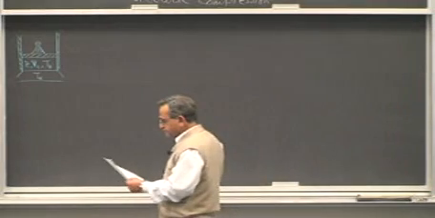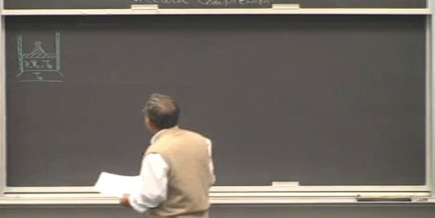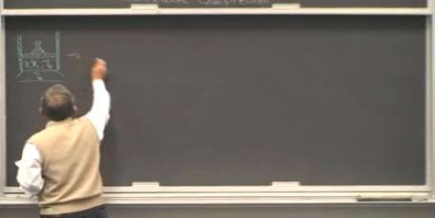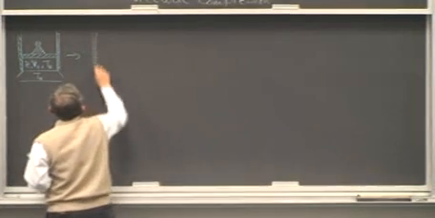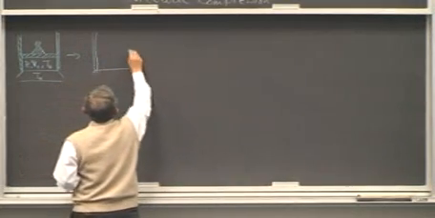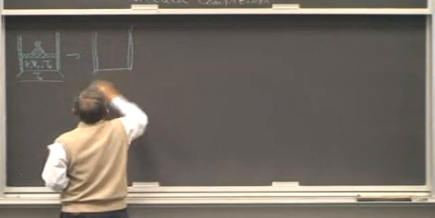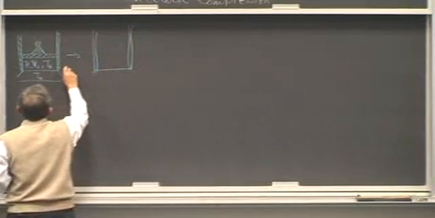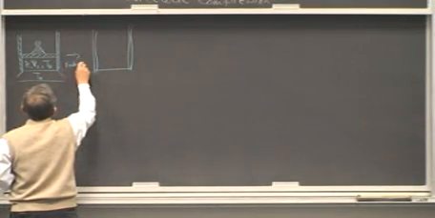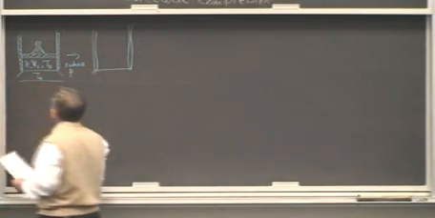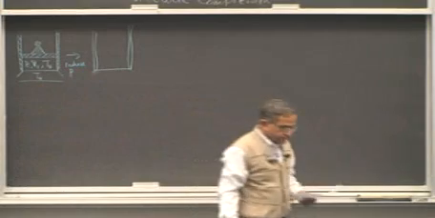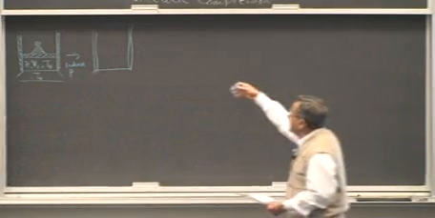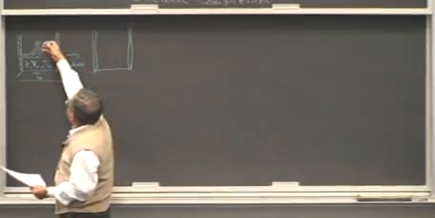Now, next, what you do is, again I will need to draw this thing, you reduce pressure. How do you reduce pressure? You take away this weight slowly from here.